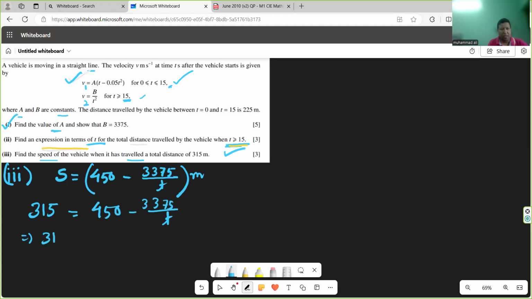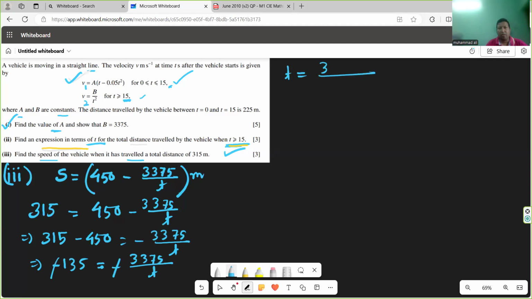So 315 minus 450 equals minus 3375 by t. It will be minus 135 equals minus 3375 by t. Minus minus cancel. So t equals 3375 by 135. So it will be 25 seconds.